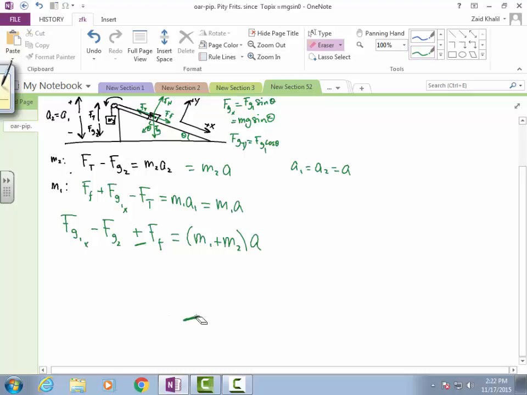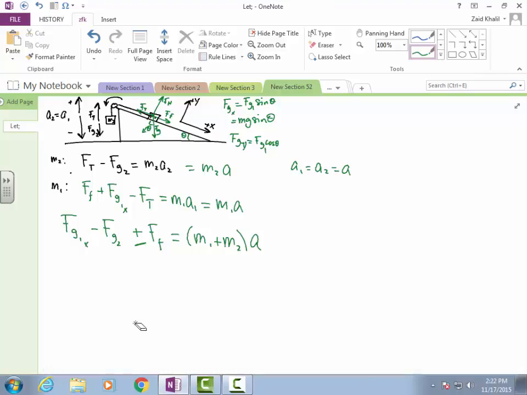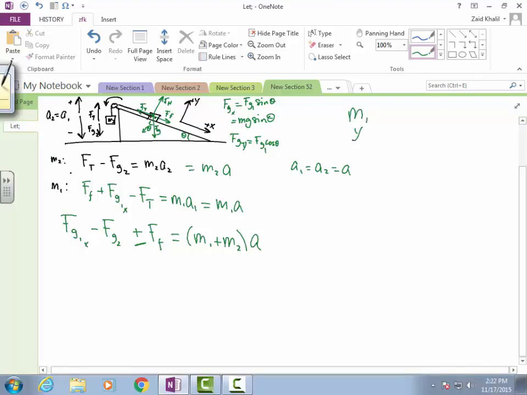And now what? Now I use the y direction for mass 1. What's the net force on mass 1 in the y direction? So for M1 in the y direction, we have Fn minus Fg1y equals M1 A1y.